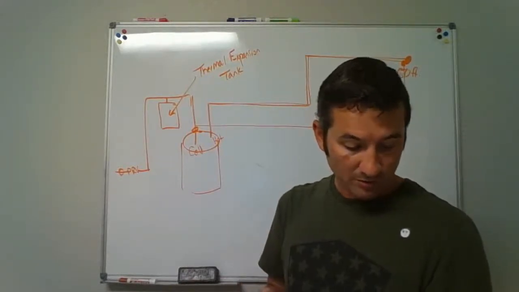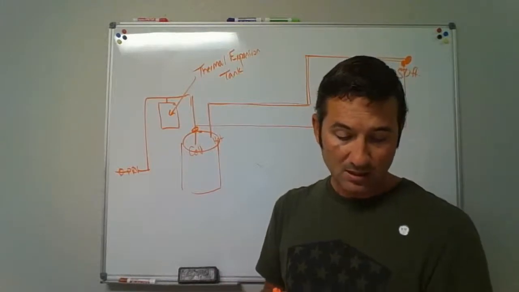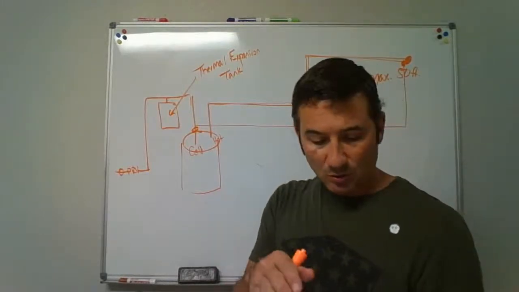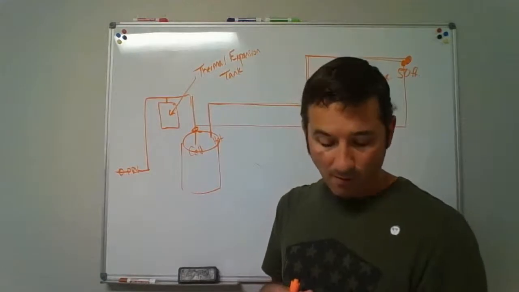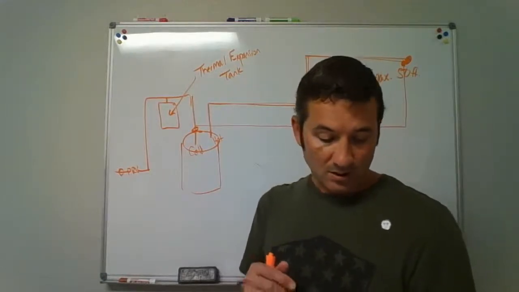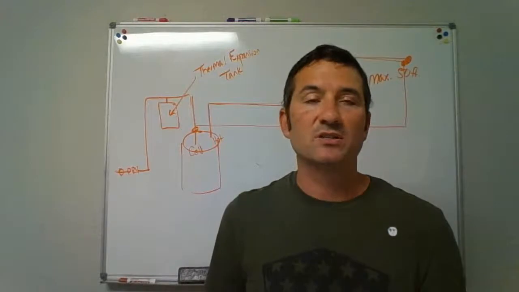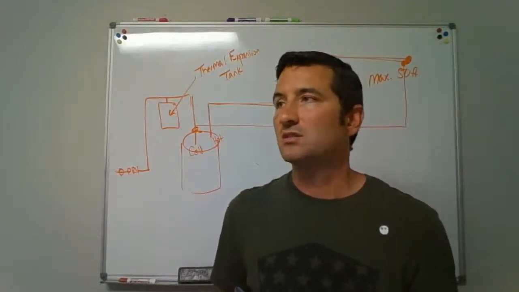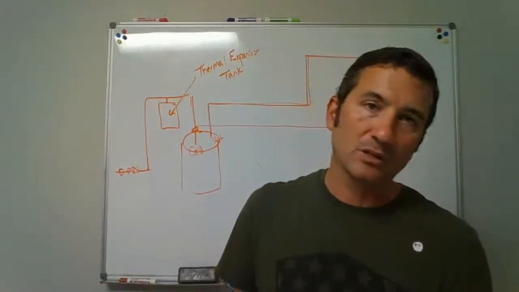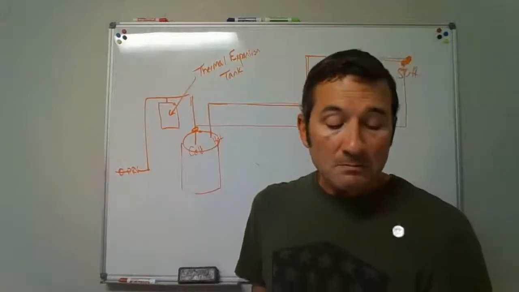Protecting the potable water supply. I'll let you read over this. It's got some signage that if you're running something that's not potable water, you've got to label it as such, as non-potable water.